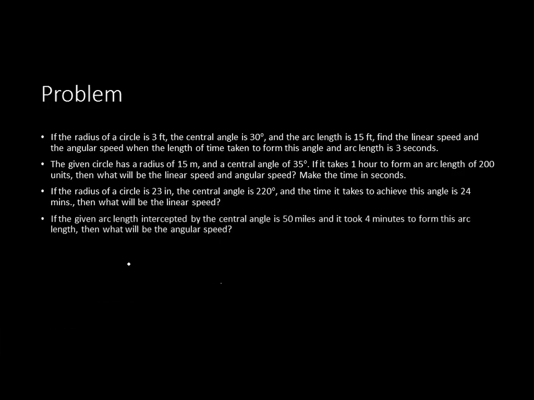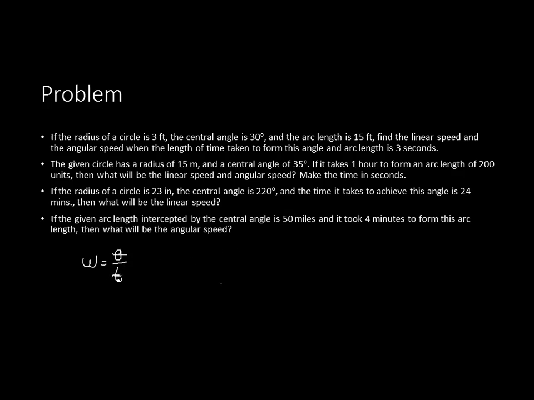If the given arc length intercepted by the central angle is 50 miles, and it took 4 minutes to form this arc length, then what will be the angular speed? Now, here's the thing. You have a formula of angular speed, which is this one, right? But here's the problem.